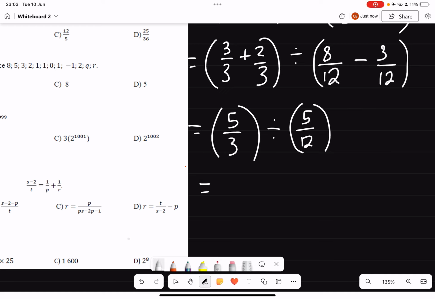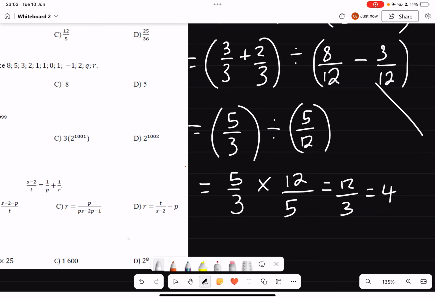So we keep the first bracket, we flip the division to multiply, we switch the numerator and the denominator, and we can see that this guy will cancel with that guy, which will leave us with 12 over 3, which makes the answer 4.